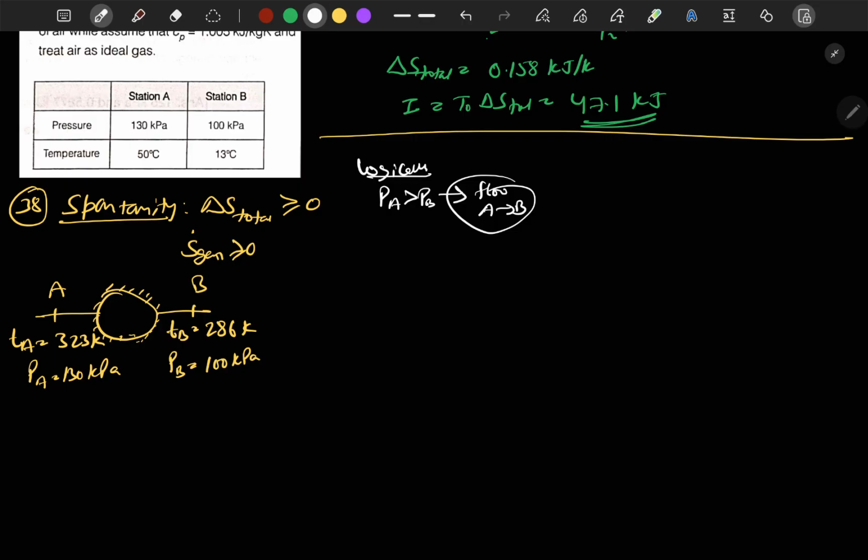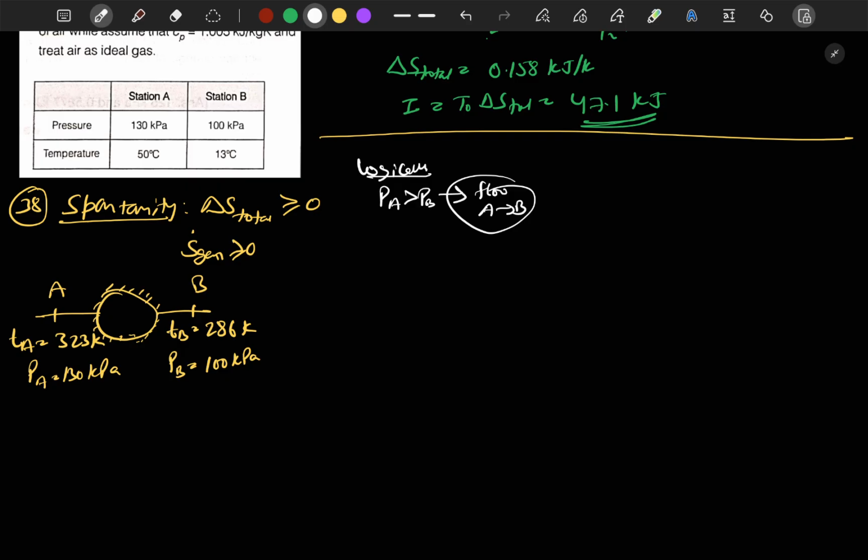We have just considered the flow to be A to B on the basis of pressure only. If the combined effect of pressure and enthalpy is higher on B, the flow might be from B to A. So we can calculate the flow direction by calculating the total S generation.